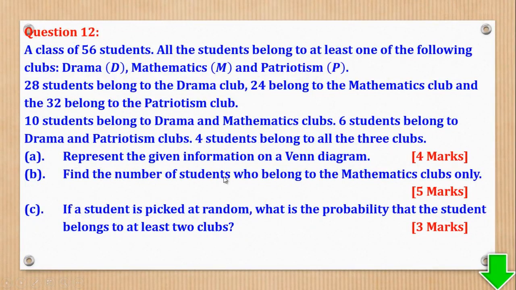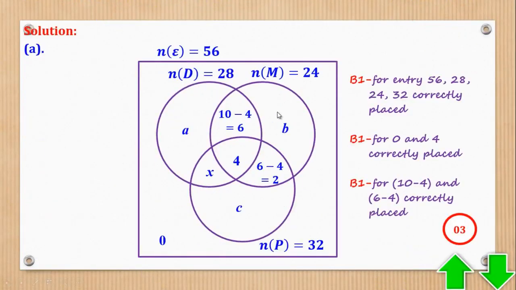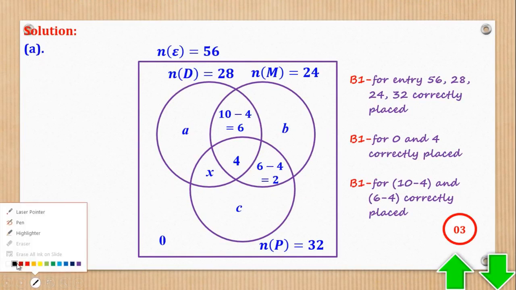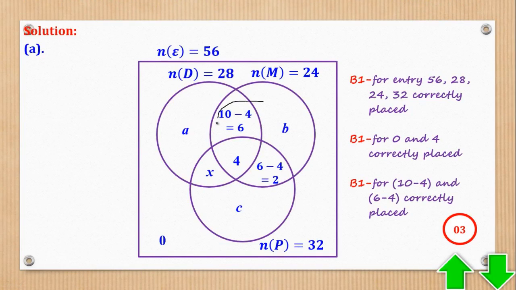Then part B, find the number of students who belong to mathematics club only. So mathematics club only, they want the value of B. And the good thing, if you look at this, the whole of this circle must be equal to 24. Therefore, I'll add this plus this plus this plus this to give me 24.